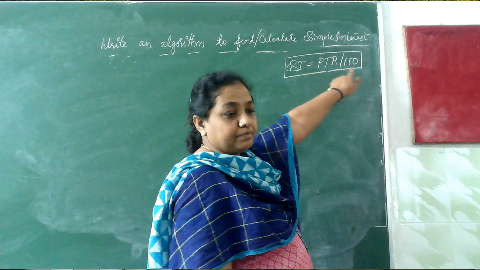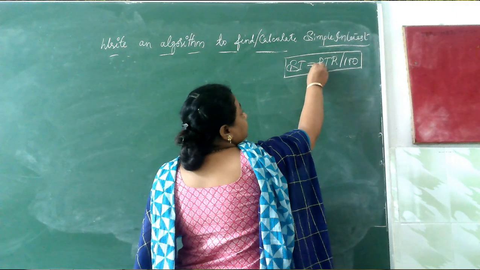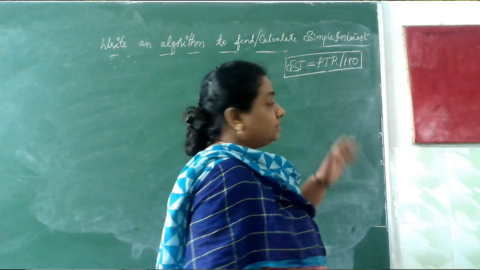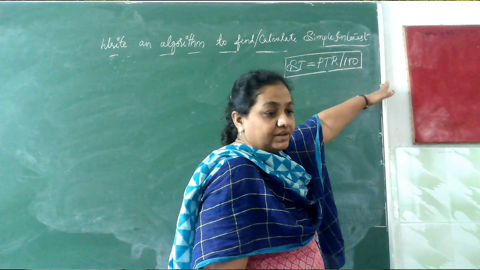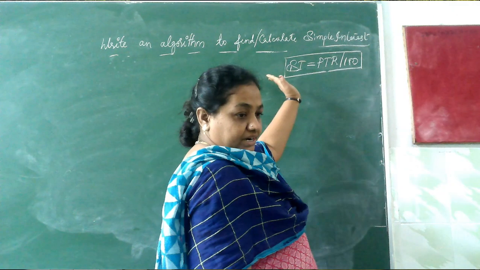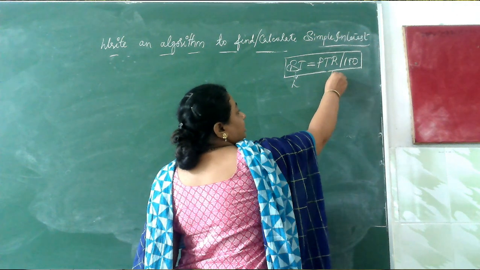So we know that simple interest SI is equal to P into T into R divided by 100. So how do we calculate simple interest? We calculate simple interest by P into T into R by 100.